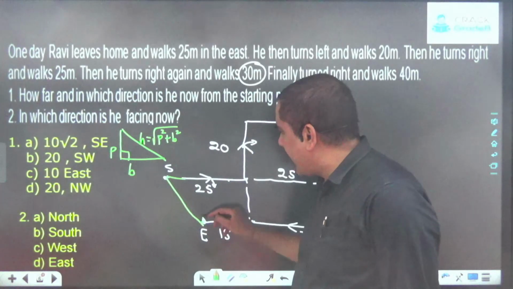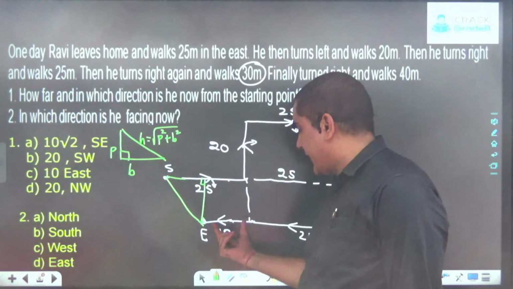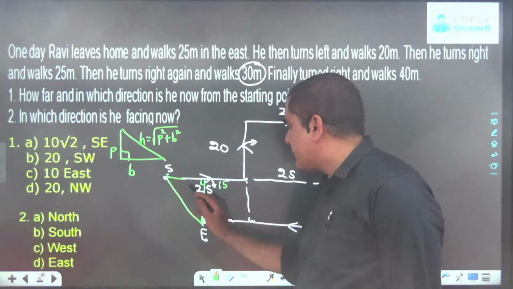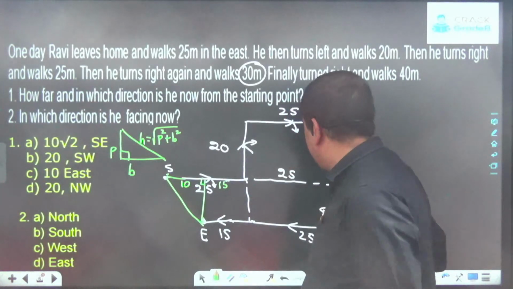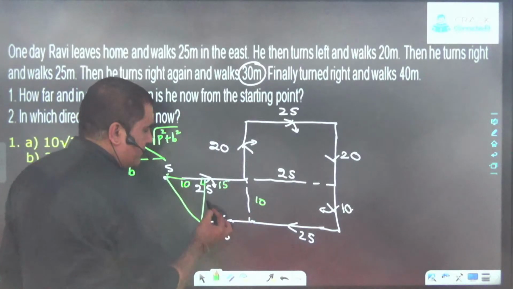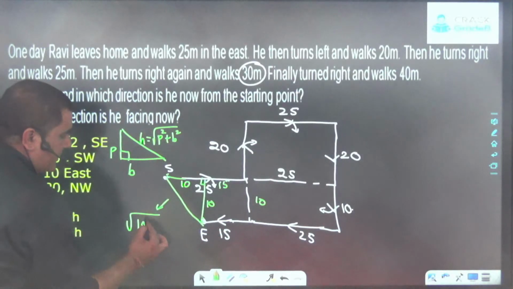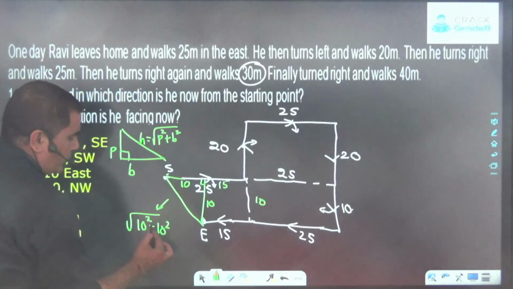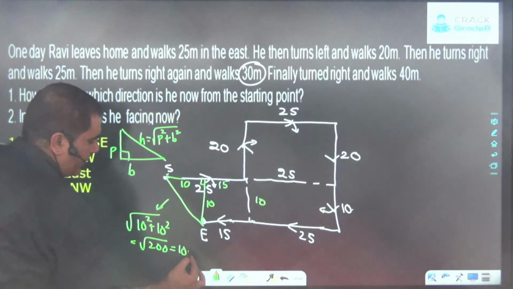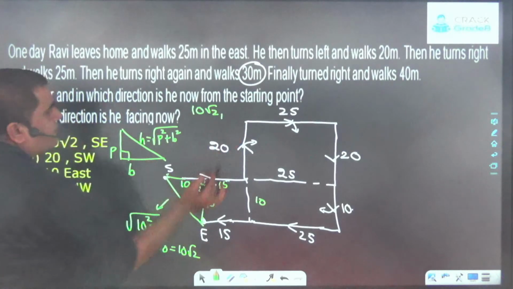For Pythagoras theorem, I need a right angle triangle, so this becomes a right angle triangle. Now suppose they have given this to be 15, so this is 15. This to this is 25, so this must be 10. So this is 10, this must be 10. So distance is under root 10 square plus 10 square. Comes out to be under root of 100 plus 100 is 200, and that comes out to be 10 root 2. So distance comes out to be 10 root 2.